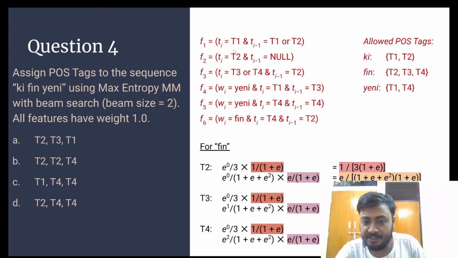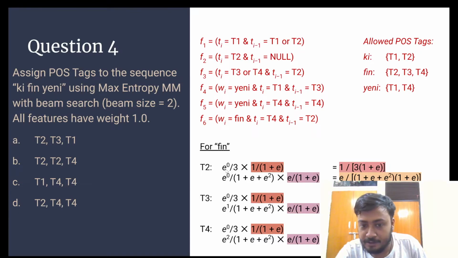Are there any features like that? Probably not. There is no feature which is applicable for this combination. Remember, because this is the second step, you have to consider what the tag was in the previous step. Alright, so current tag t2, previous tag t1. There is no condition like that. F1 is there, no? No, F1 is current tag being t1. We are considering current tag t2. Oh, okay, okay.